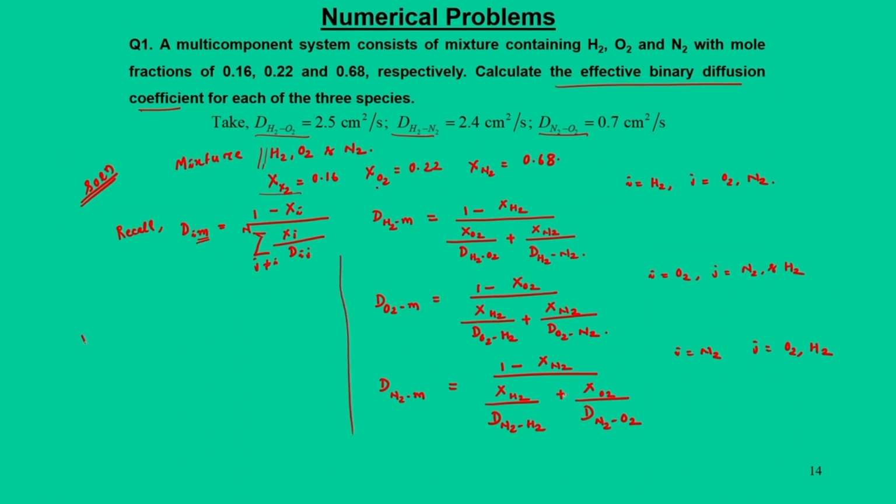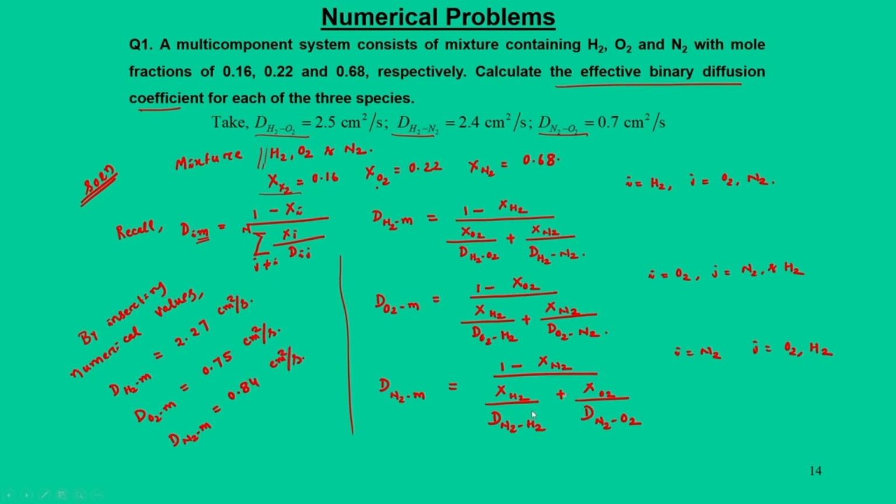So, by inserting numerical values, we can find the effective binary diffusion coefficients: D H2 m is equal to 2.27 centimeter square per second, D O2 m is equal to 0.75 centimeter square per second, D N2 m is equal to 0.84 centimeter square per second.